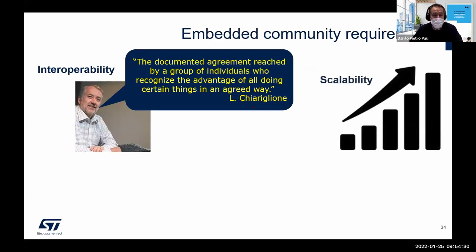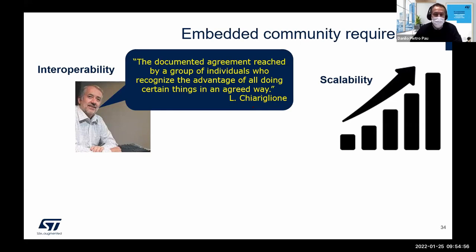We need scalability because the solution needs to cope with a large number of devices. Imagine the famous figures about IoT projections, in terms of tens of billions of devices in the IoT by 2020. These IoT units feature lots of sensors, so the number of deployable sensors is in the hundreds of billions. So we need huge scalability.